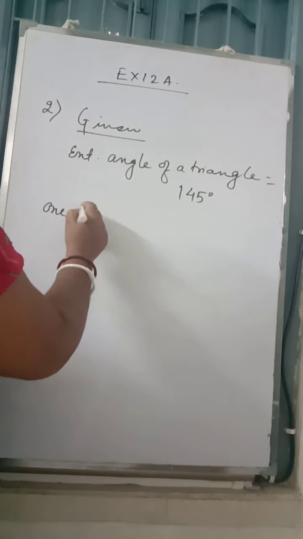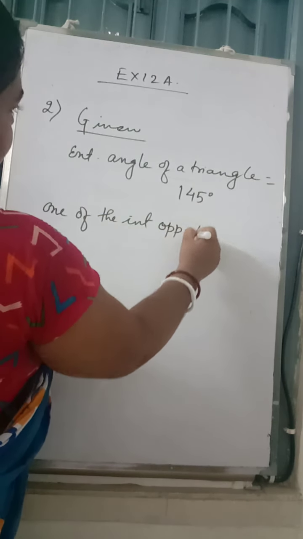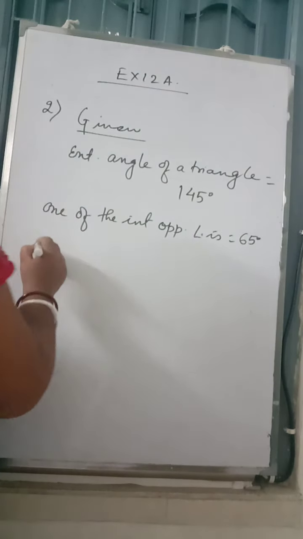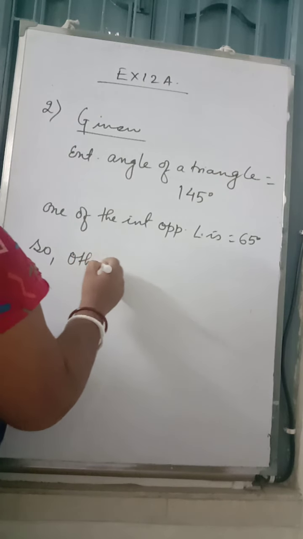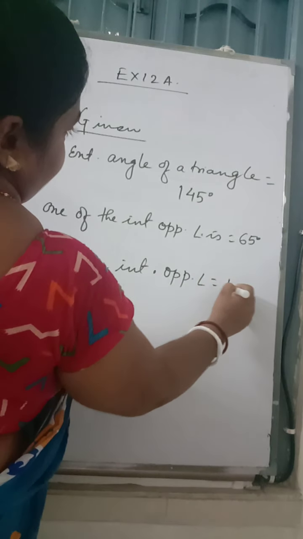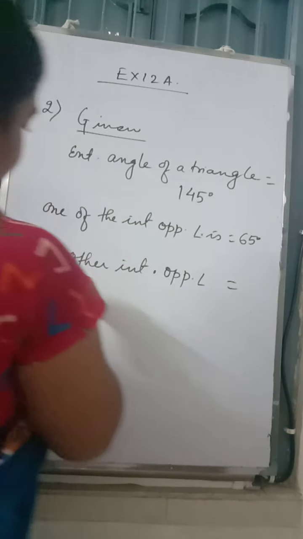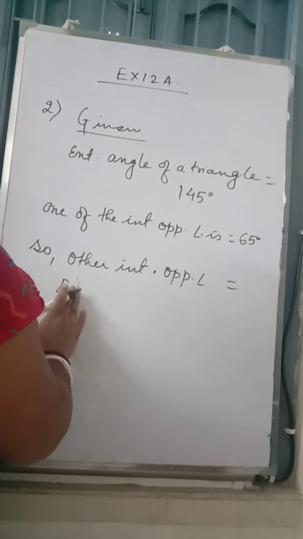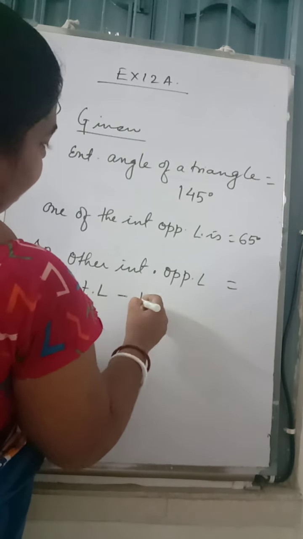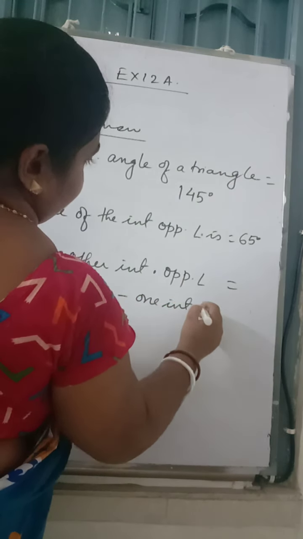One of the interior opposite angles is 65 degree. So the other interior opposite angle would be exterior angle minus one interior opposite angle.